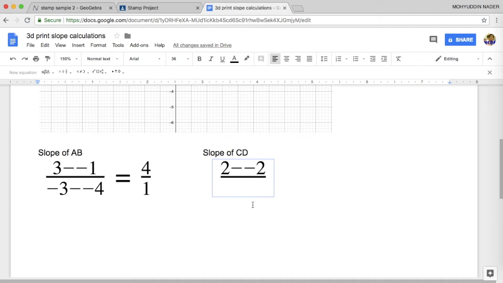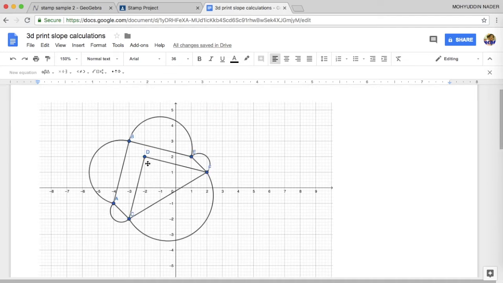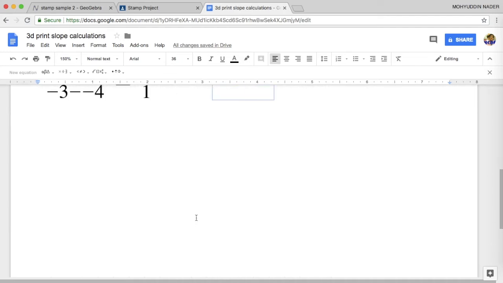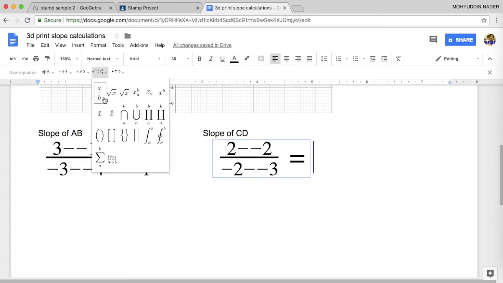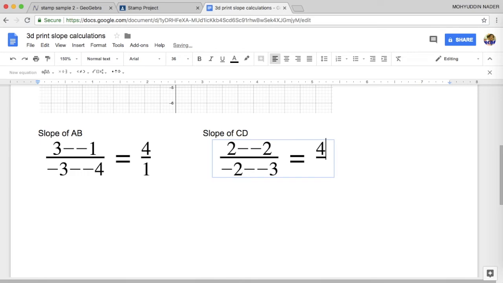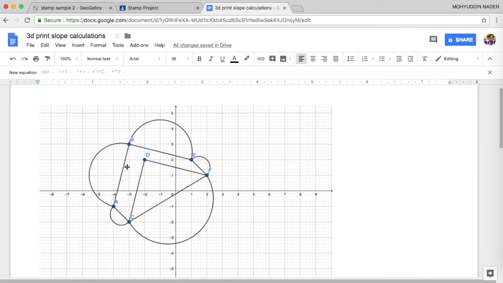And the x values of D and C respectively are negative 2 and negative 3. So that would be negative 2 minus negative 3. Subtracting a negative is equivalent to adding. So just like the last case, we have a slope of 2 plus 2 is 4, and 3 take away 2, when I change that to addition, I would get 1. So because these two slopes are the same number, these two lines therefore must be parallel.